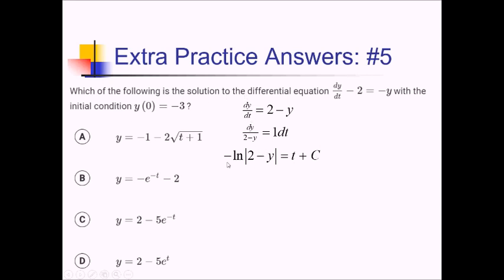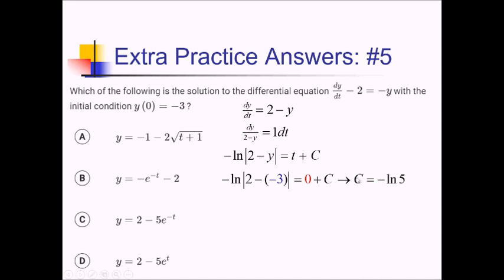So I have negative ln of 2 minus the y value, negative 3, so that's like 2 plus 3, or 2 minus negative 3, equals, we have a t value of 0 that we plugged in from that initial condition, so 0 plus c. So back on the left, this is just going to be negative ln of 5, and since there's nothing else on the right except c, we just have c equals negative ln of 5.